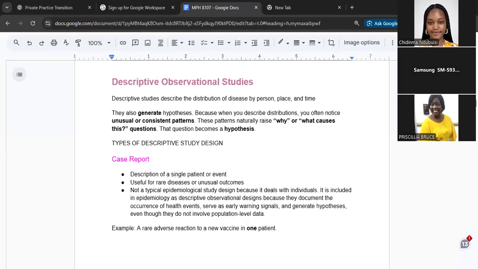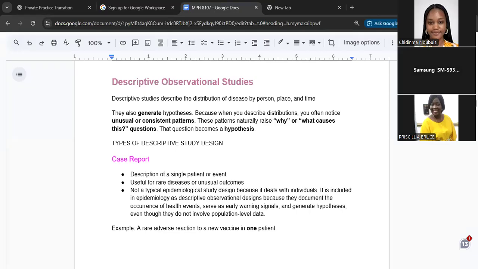So what is happening in a descriptive study? We've already said it. We are describing the disease, the distribution and determinants. One of the things we do in descriptive study is that it helps us to generate hypotheses.